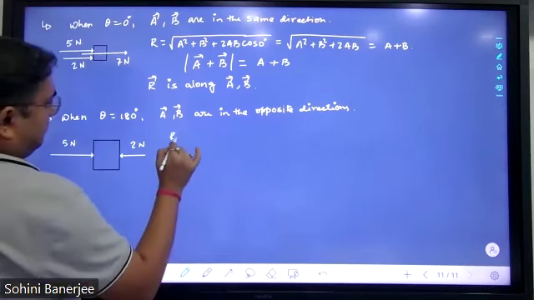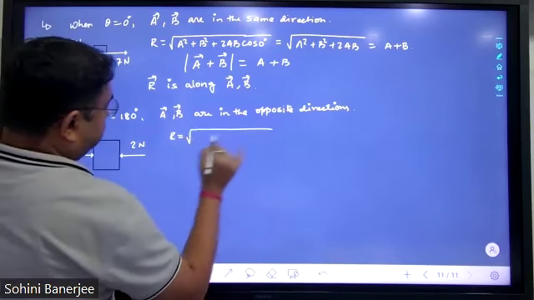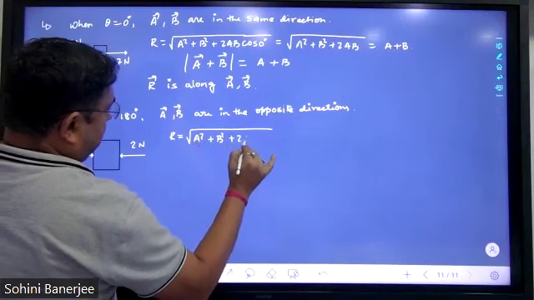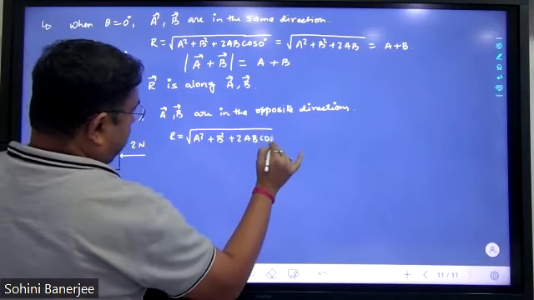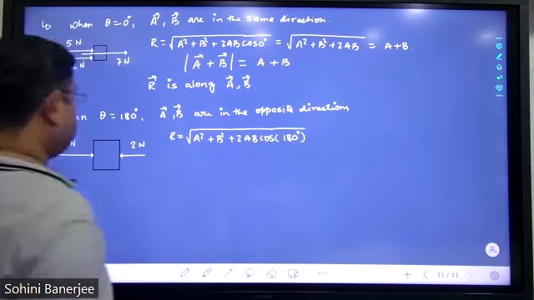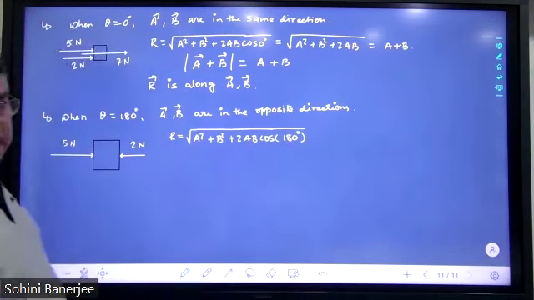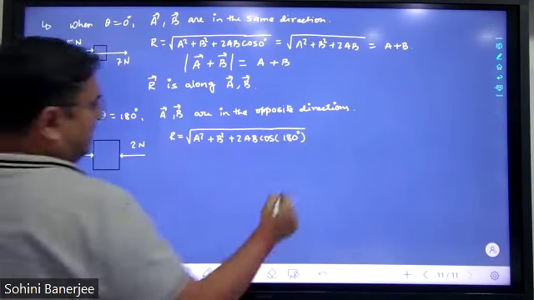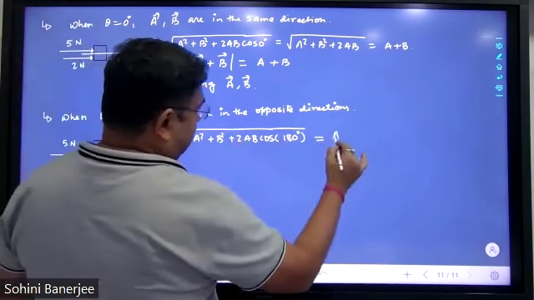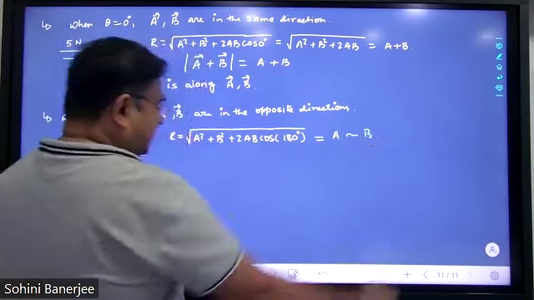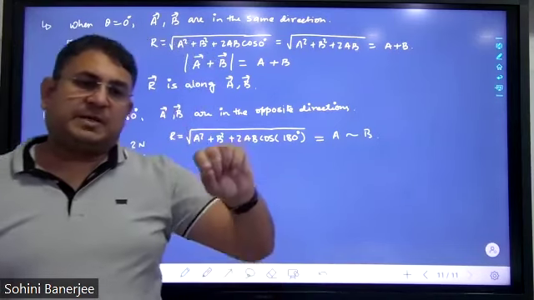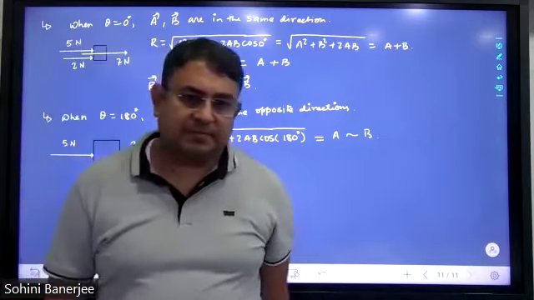So R equals root of A square plus B square plus 2AB cos theta. Exactly opposite means what is the angle? It is 180. What is cos 180? So this becomes A minus B. So I precisely wrote this as A difference B. A difference B means whichever has greater magnitude should be written first.